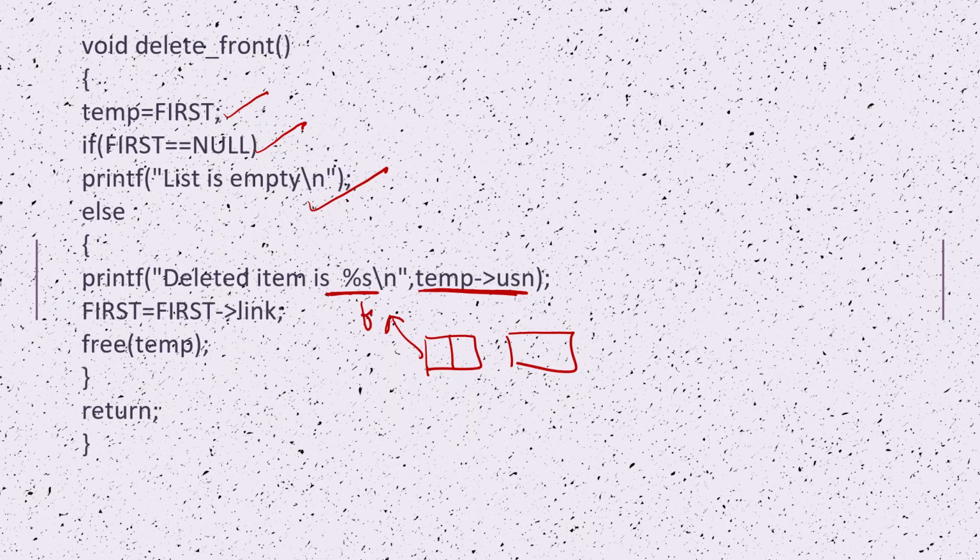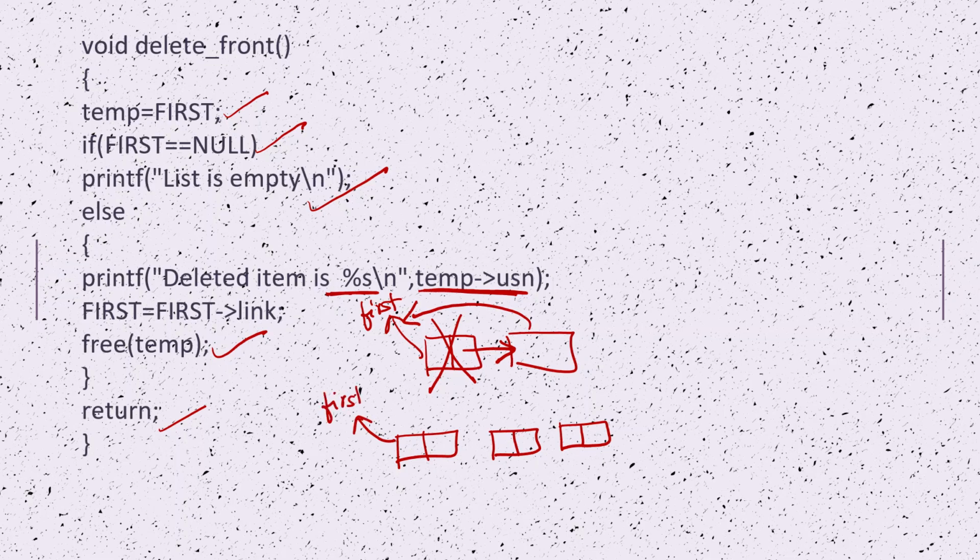And see like this. This is first. This is first, right? Now, if I delete this one, first of link wherever it is pointing to, that will become the new first. Okay. After that, you free the variable, the temp node, and you return. So the logic is you will have nodes like this. Okay. So this will be pointed by first.